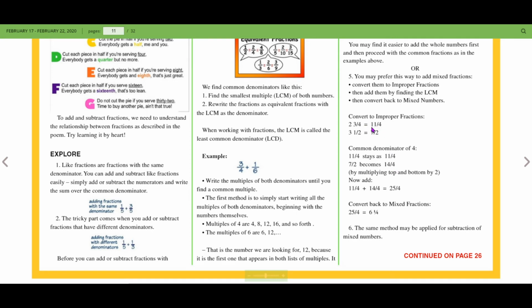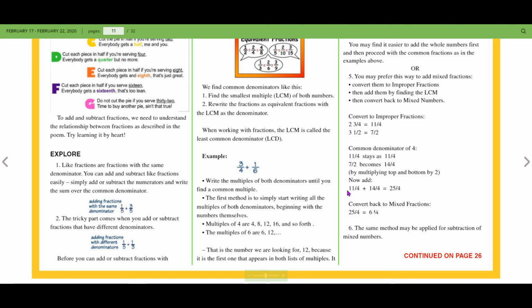So it can be equivalent to 11 over 4. So if we multiply the denominator by 2, we need to multiply the numerator by 2. And 7 times 2, that's how we get the 14. So 7 over 2 multiplied by 2 over 2 would give us 14 over 4. So by multiplying the top and bottom by 2, that's how we would get that.